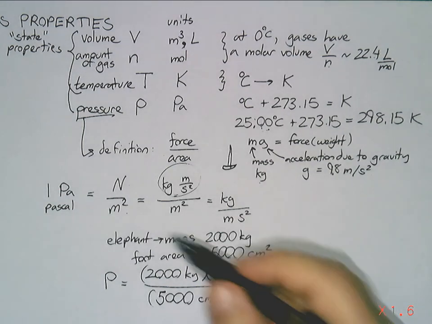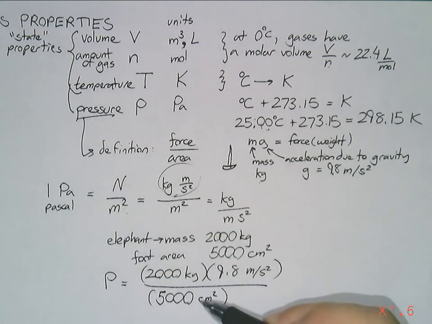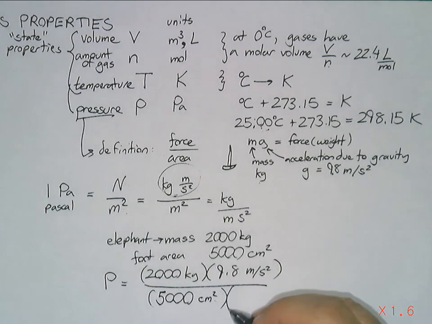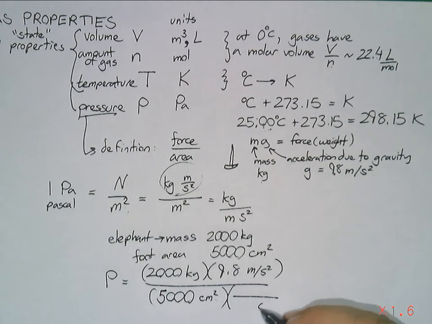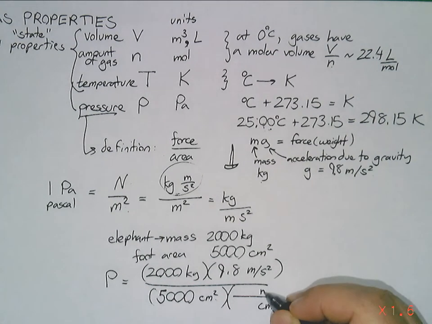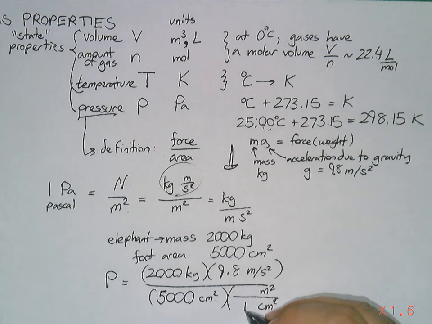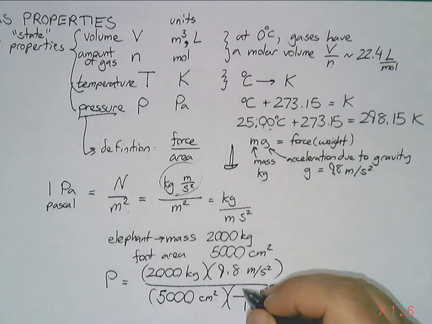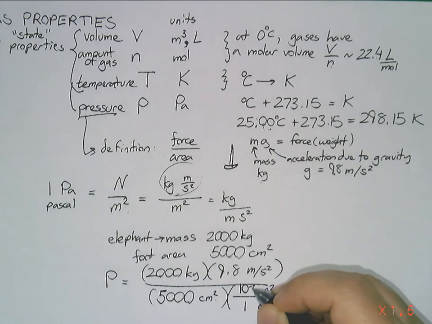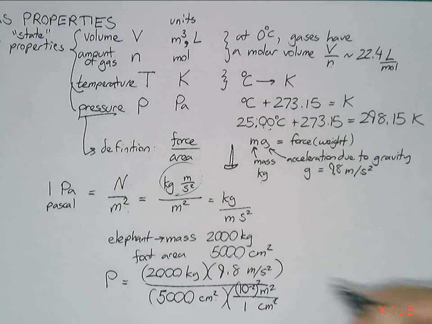It will be better if I put the area units in the denominator into square meters. So I'm going to do a conversion down here in place where I get rid of the square centimeters and put square meters there. And remember, we did this way back in the beginning of the course. It's going to be what? 1 square centimeter is going to be (10 to the minus 2)^2 meters squared.